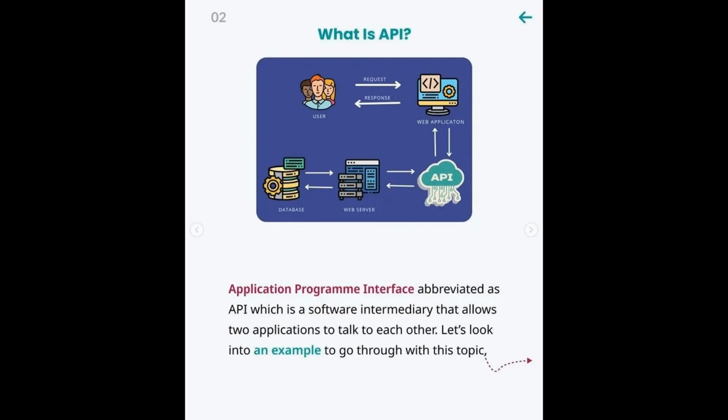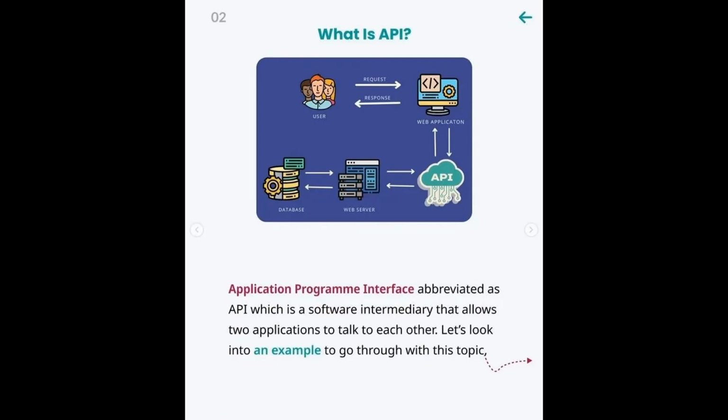So, what is API? API full form is Application Programming Interface, abbreviated as API, which is a software intermediary that allows two applications to talk to each other. Let's look into an example to go through this topic. In our image, you can see there are two types of user, like one user and one web application.